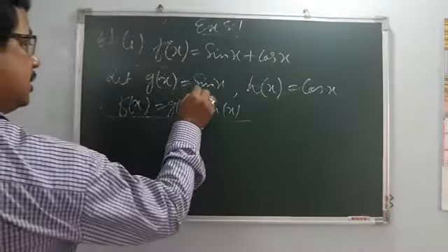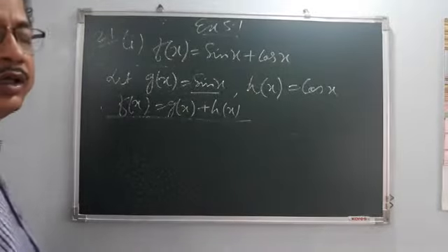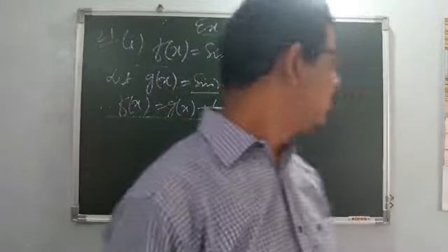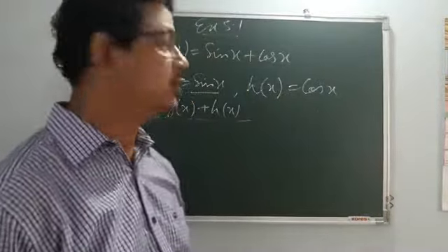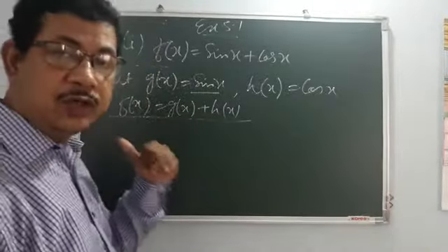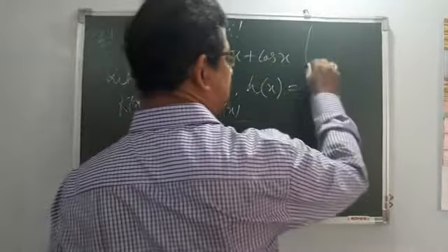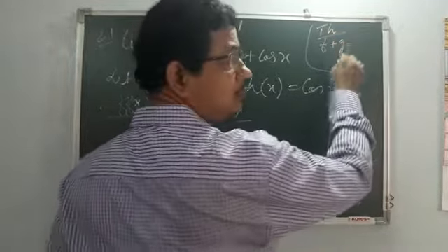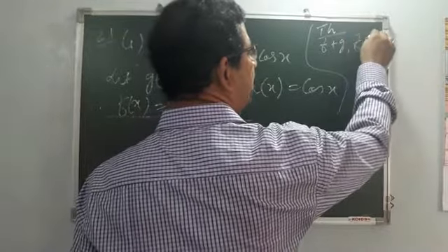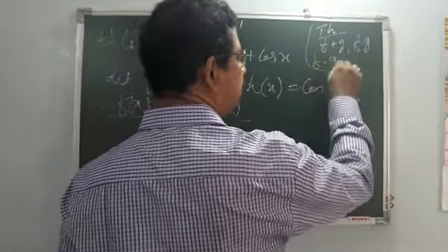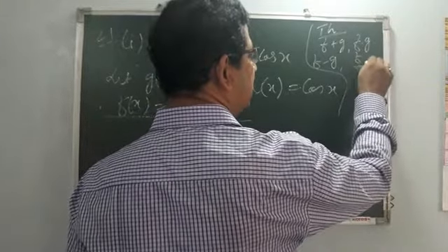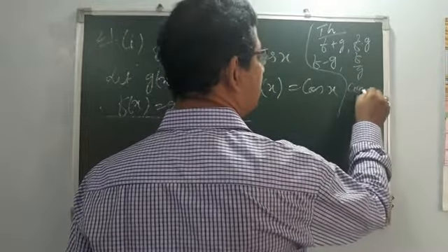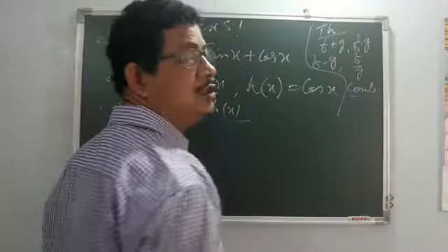Now see, g(x) is sin x. Last day we have proved that sin x is a continuous function. Cos x is also a continuous function. And there is one theorem. The theorem is like that: the sum, difference and product of two continuous functions, and the quotient provided the denominator is not 0, are continuous if f and g are continuous.